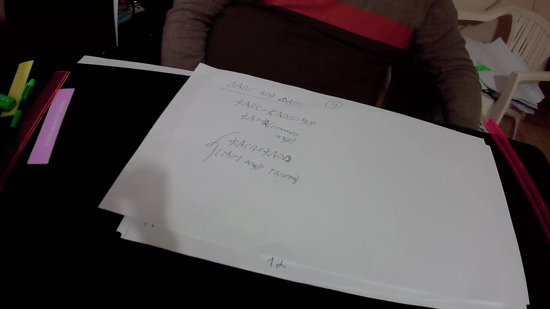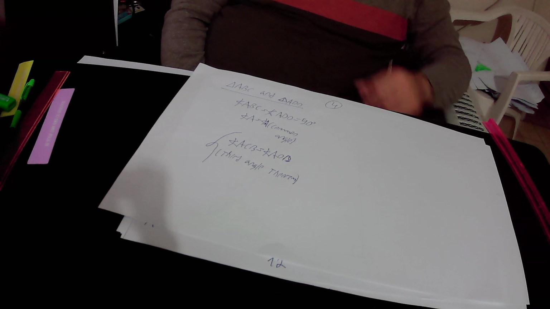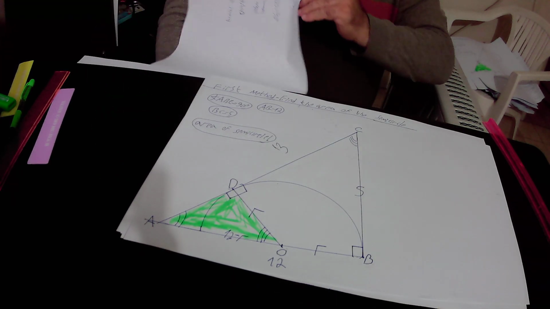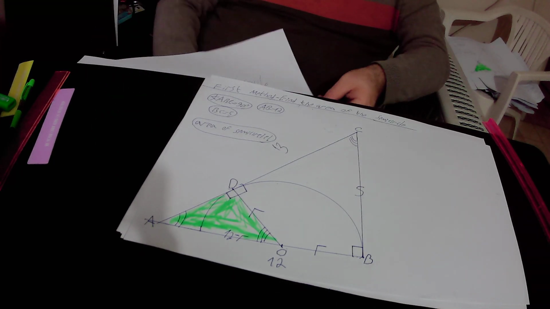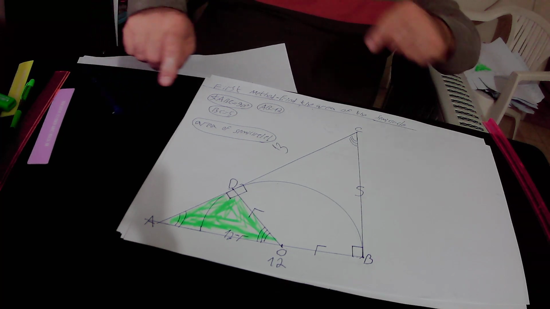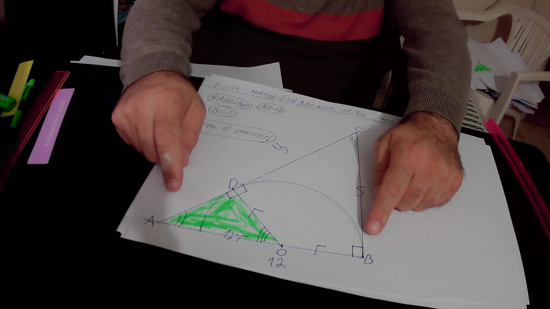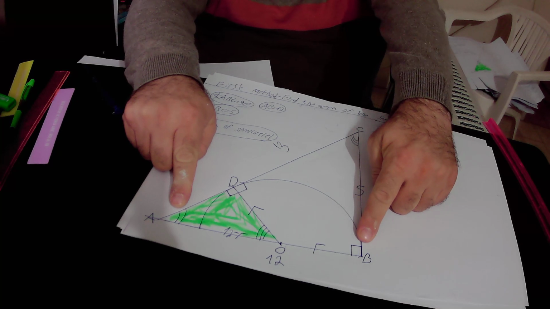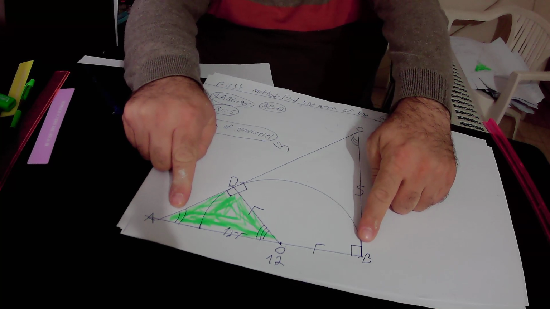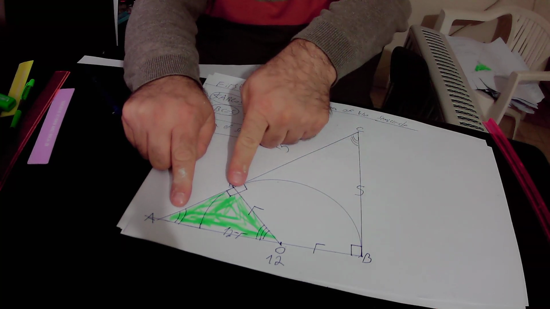Because we know that the sum of the angles in any triangle is equal to 180 degrees, and the first pair of angles are complementary to 180 degrees. So here we have those two angles in triangle ABC congruent to those two angles in the green triangle.